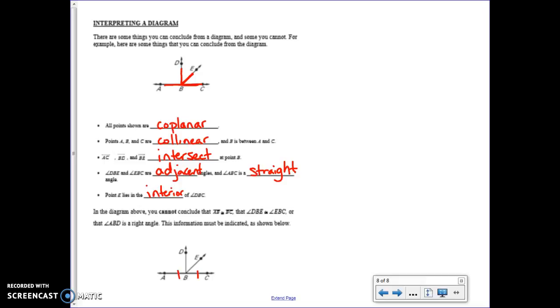We also don't know that angle DBE is congruent to angle EBC. To show that, we would have to have those arc marks. We also don't know, even though it looks like it might be, that ABD is a right angle. We would have to put that little box in the corner. So that's how we would show those things, but if they're not there, we can't assume that.